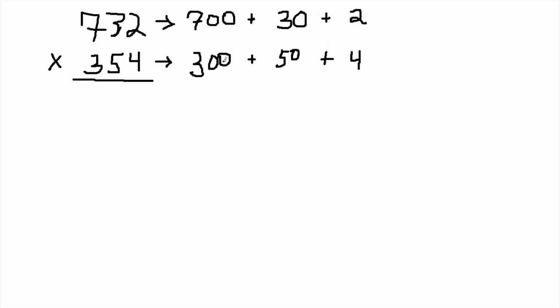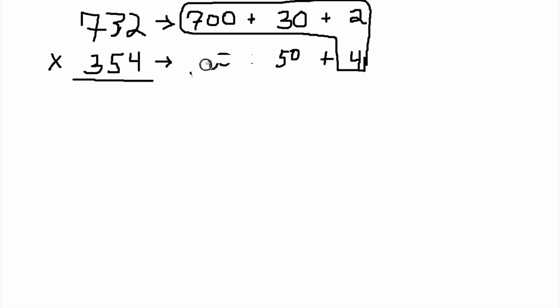Now, once again, you start with the bottom digit, the lowest place value, which is the ones, and so we are going to multiply 732 by 4. Okay, so I am going to erase this so we have a better idea of what we are doing here.